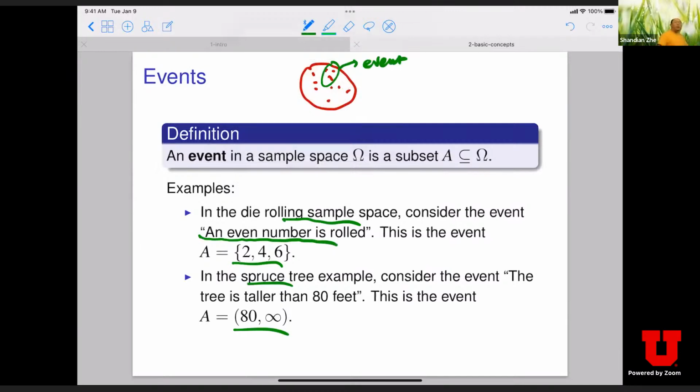But all possible tree heights will be 0 to infinity. Any questions? Is everyone comfortable with this?